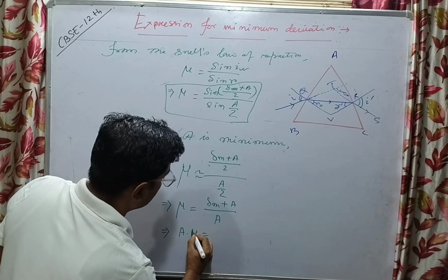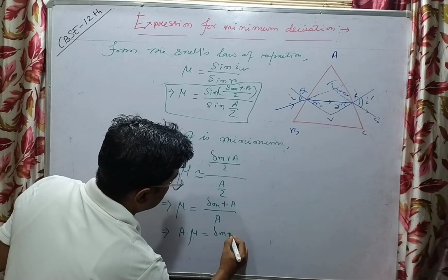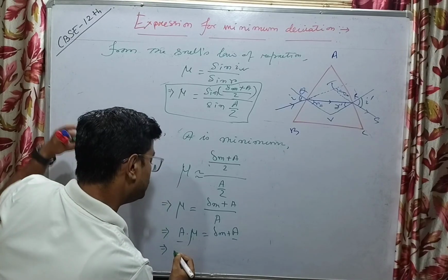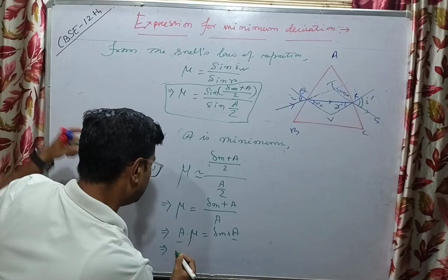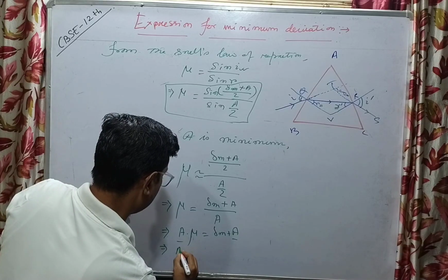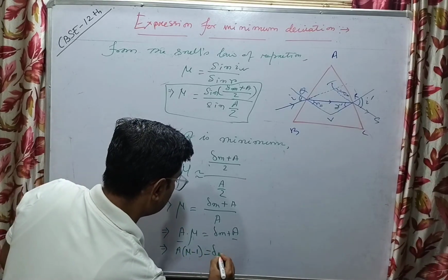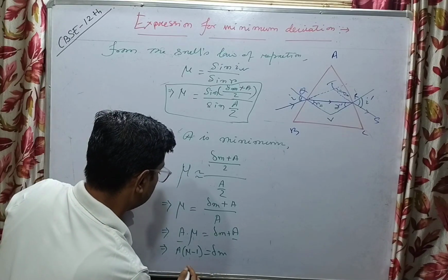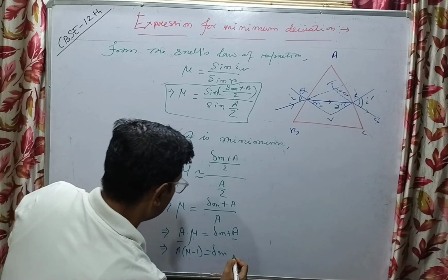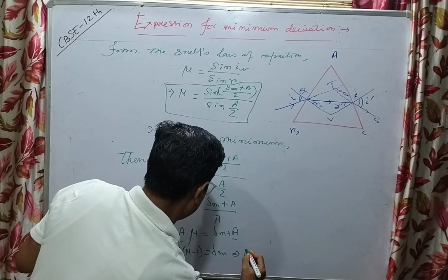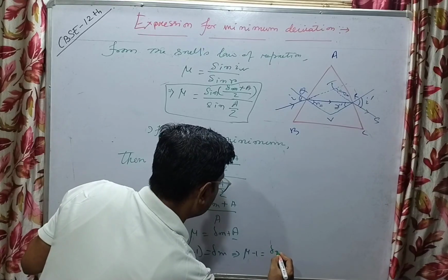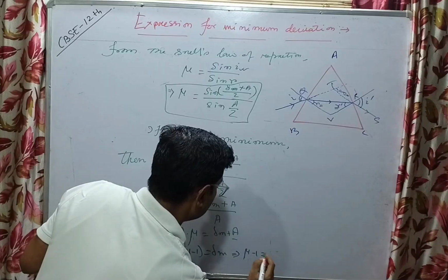Now this implies A into mu, A into the refractive index, is equal to delta m plus A. Now taking A common, A into (mu minus 1) is equal to delta m.